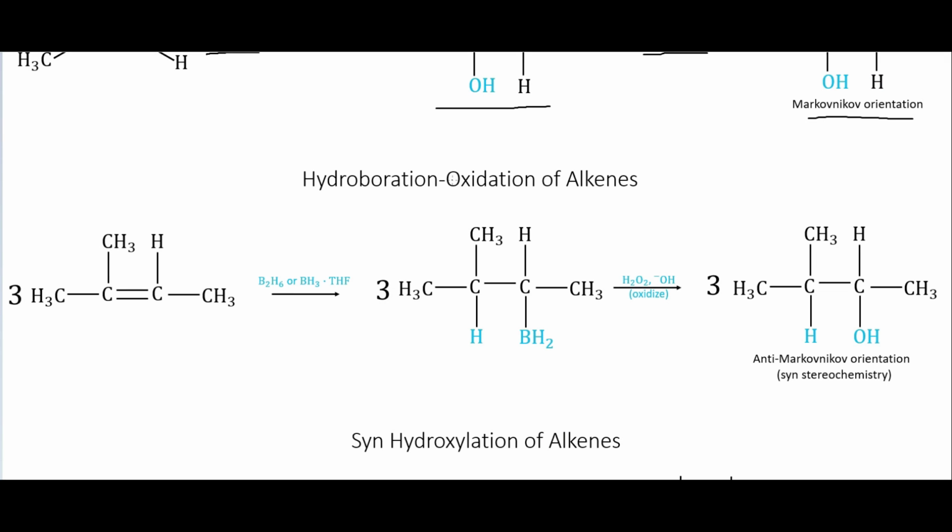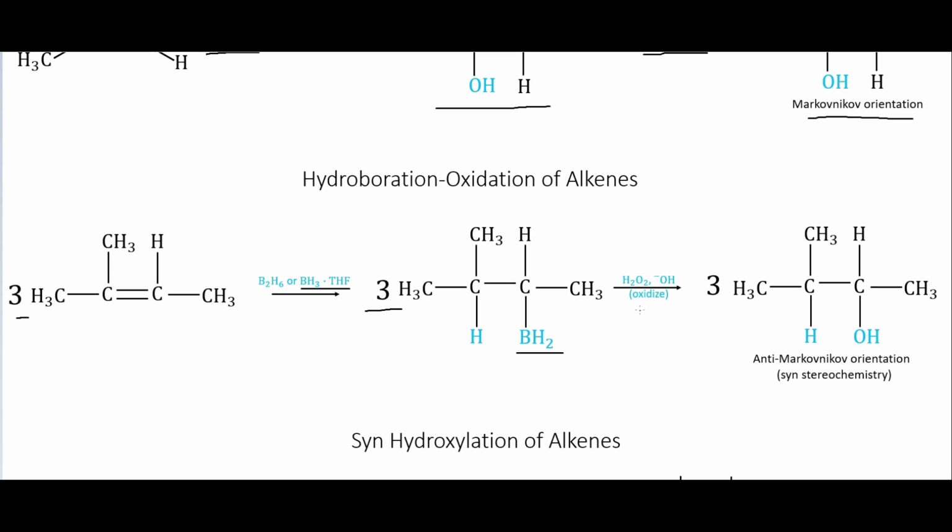So hydroboration oxidation of alkenes will give us the anti-Markovnikov orientation. And so we bring in 3 of these for each one of our BH3-THF, which is usually the form that this is used. And so we put this borane species on all 3 of these.